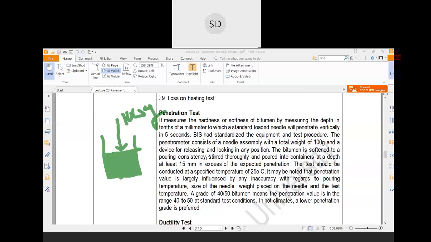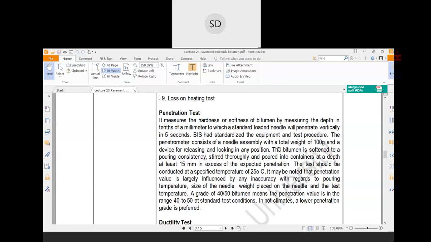That's why the penetration value in that type of bitumen is higher. So for this reason, in the hot weather, generally the bitumen with lower grades is used. So this is the penetration test.